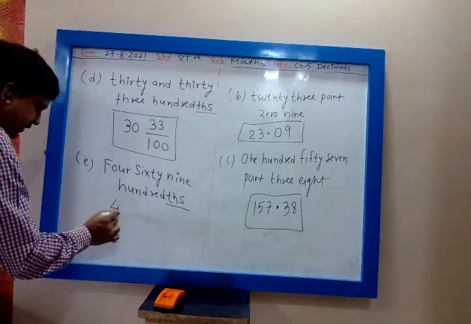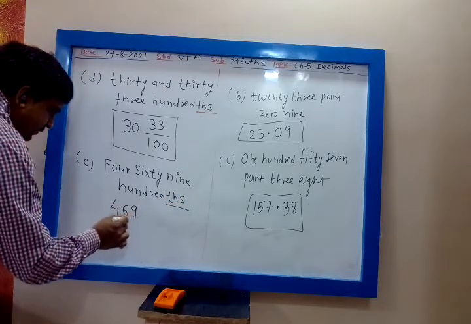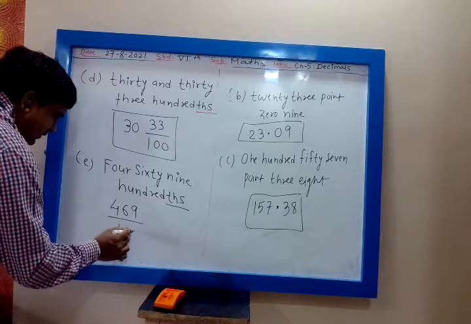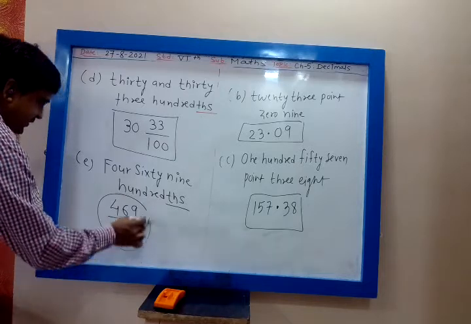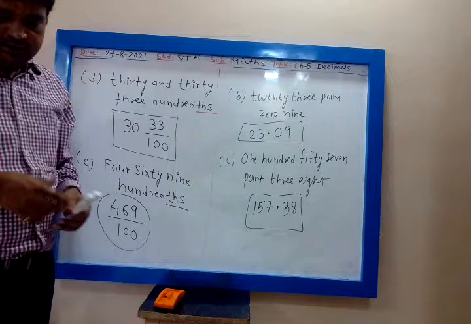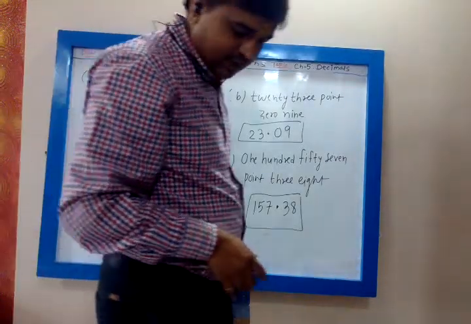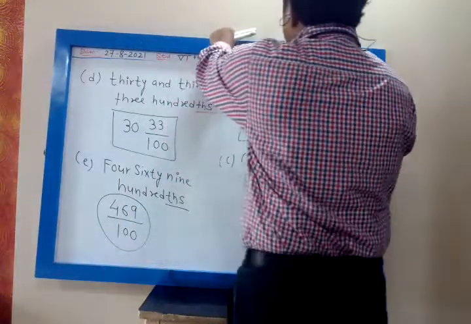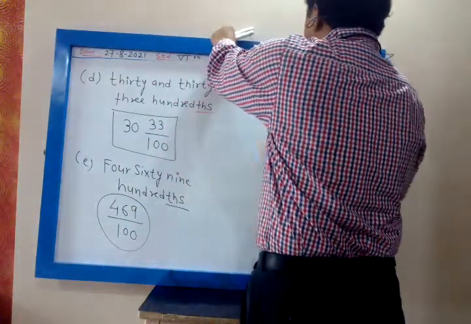So 469 divided by 100. It is hundredths. Suffix is THS. Then 6 hundredths. Yes. 6 hundredths.